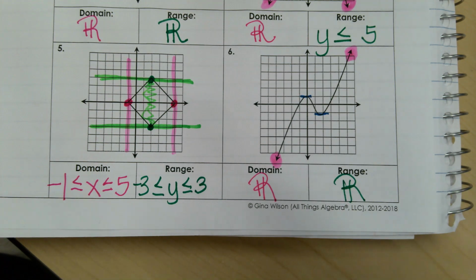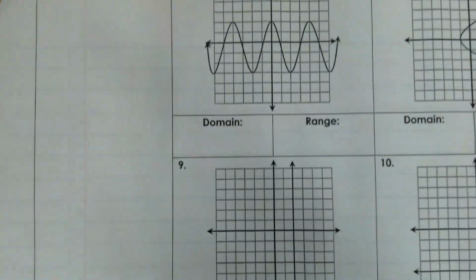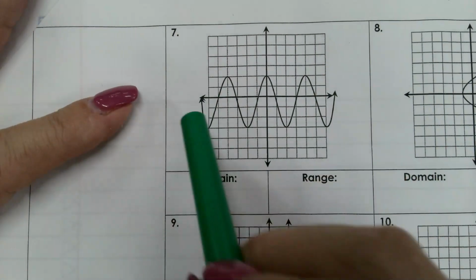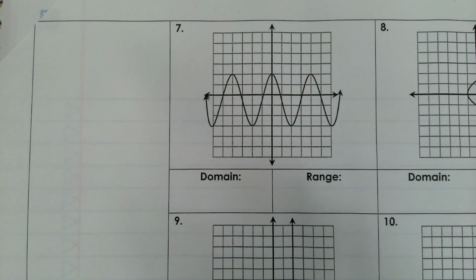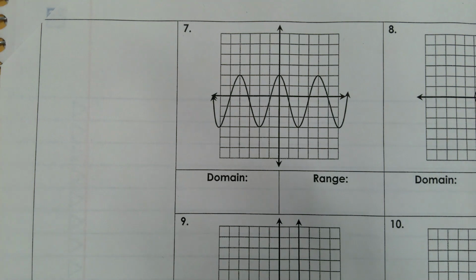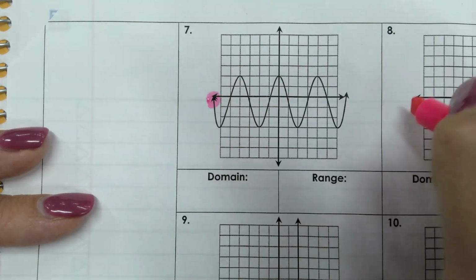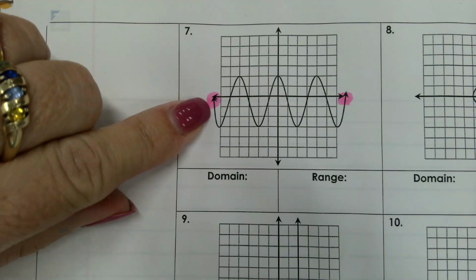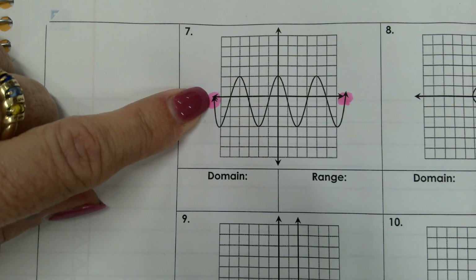Okay, now number 7. This would be fun. I would love a roller coaster like this. Not too steep, but lots of hills. Okay, so check out my end behavior. How is this graph behaving or looking on the ends? What's it doing? Is it going up forever?